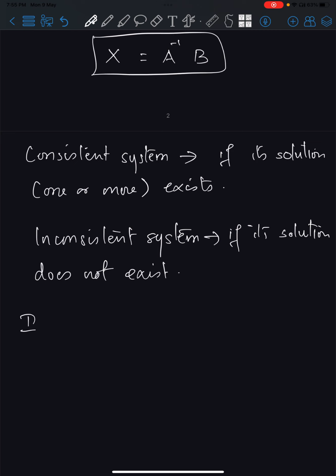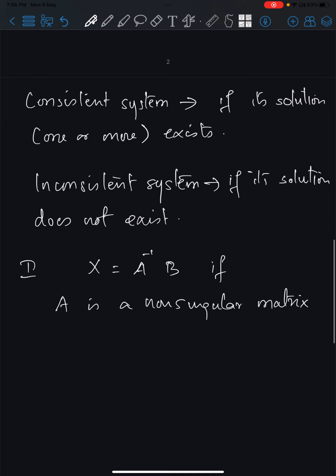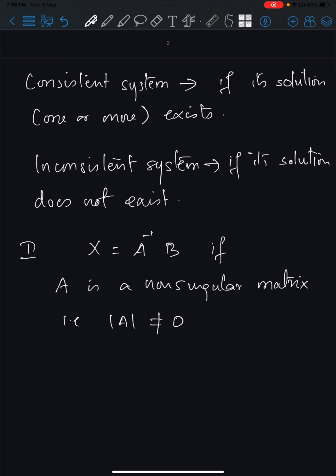So we have here the first case: X is equal to A inverse into B if A is a non-singular matrix. Non-singular means determinant A not equal to 0. When the determinant A is not 0, then we call it a non-singular matrix. So if non-singular, then only its A inverse exists.